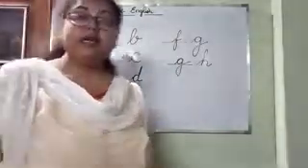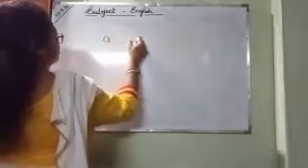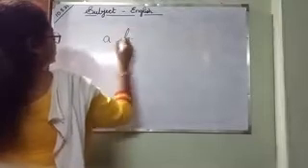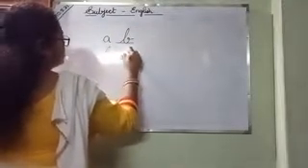Okay? Then after alphabets. Then you have to practice the after alphabets. Okay? After A, what comes? It comes B. Okay, after B, what comes?